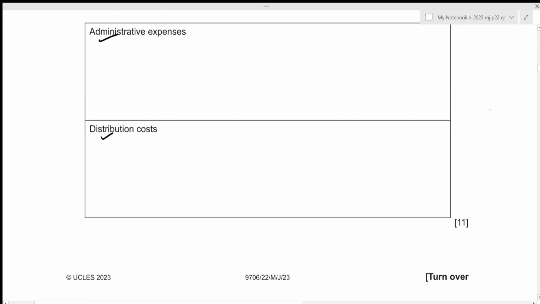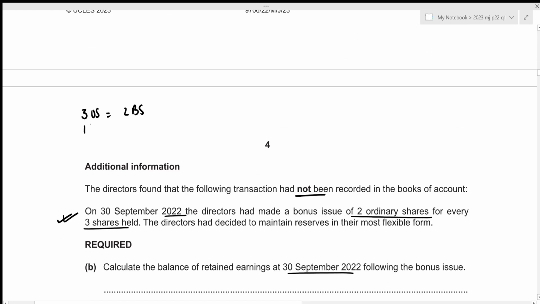Okay. Now for 1 ordinary share, there will be 2 by 3 bonus shares, but we have a total of 840,000 ordinary shares. Now we will get 2 by 3 times 840,000 bonus shares, which results in a total of 560,000 bonus shares.